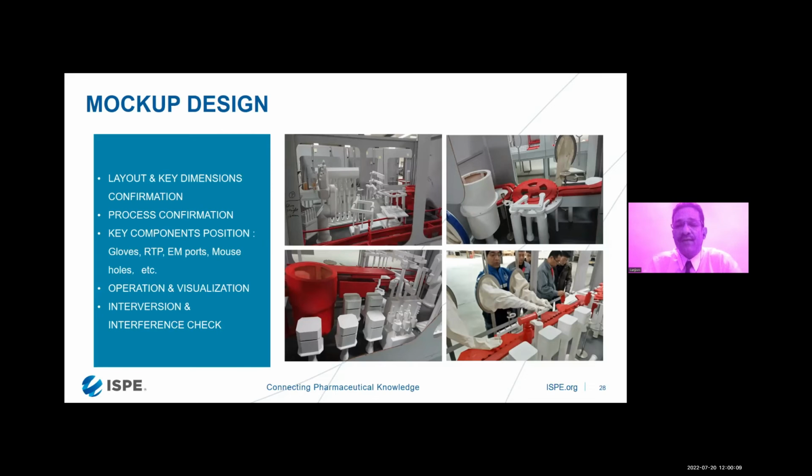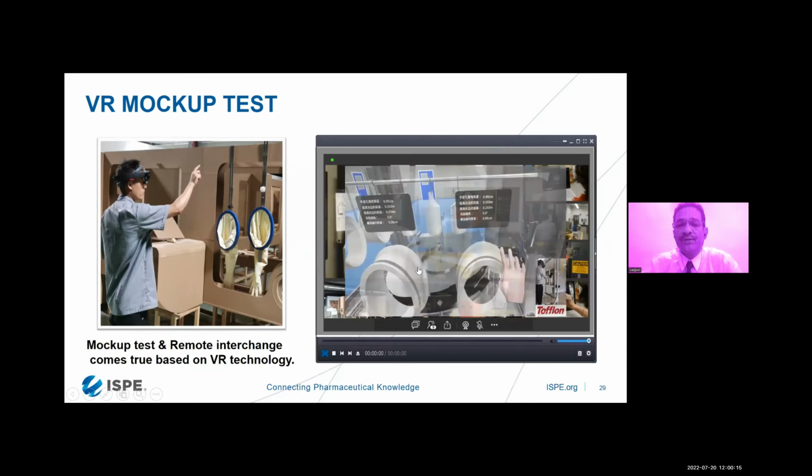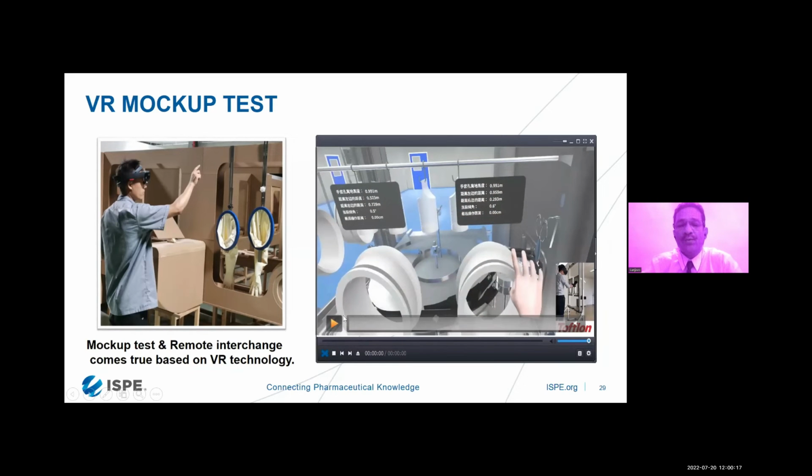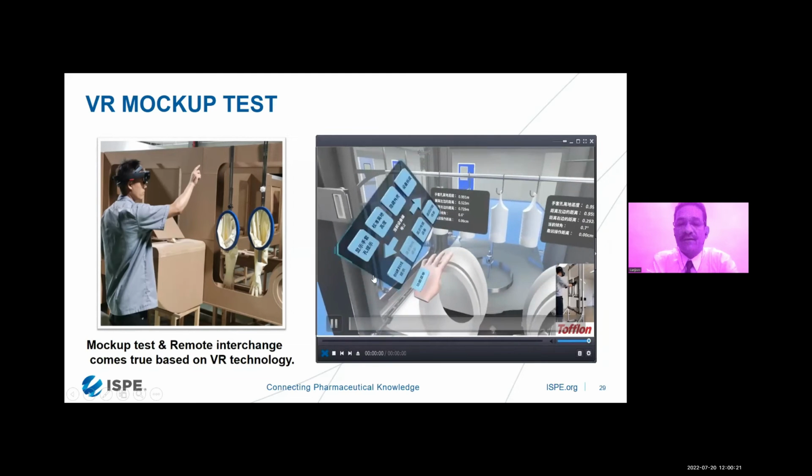You can see in another slide, I will be running a very short video, which will show you how this particular mock is being carried out.